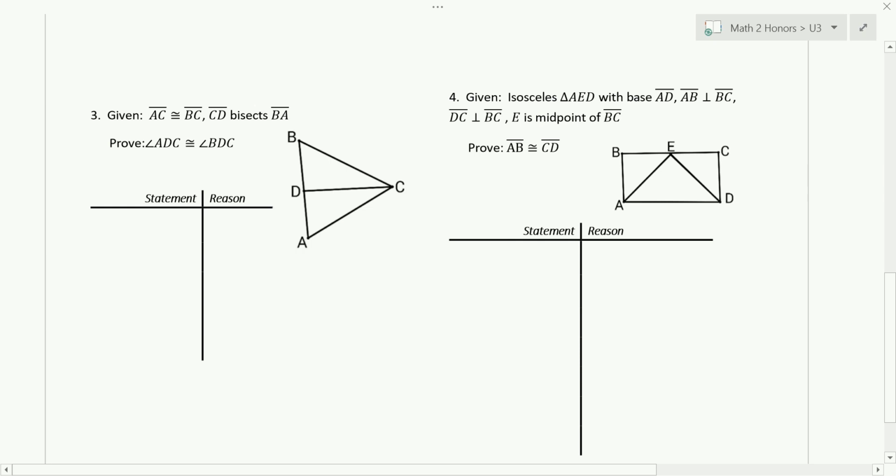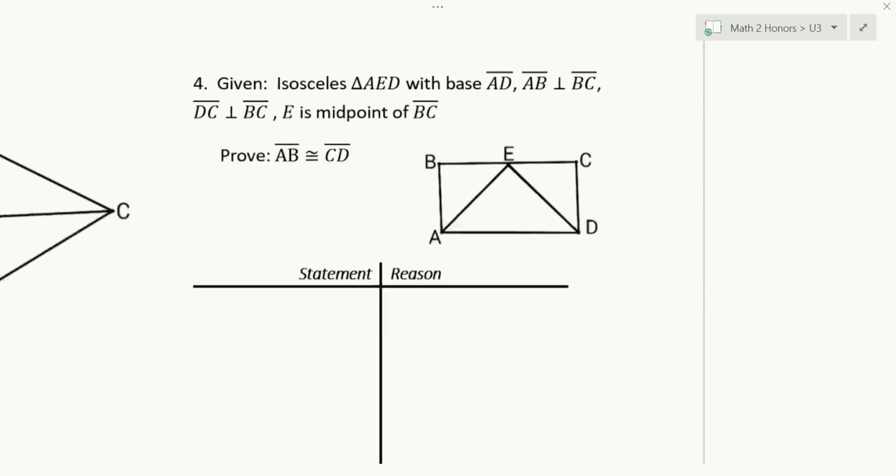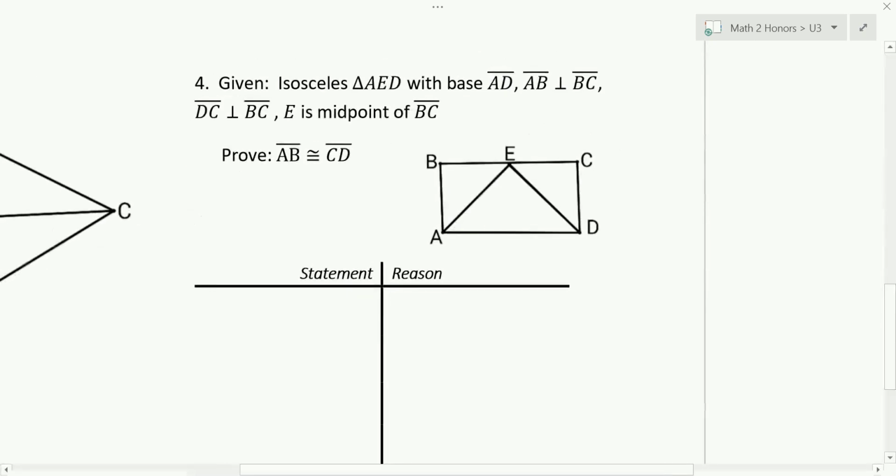Okay, so I gave you guys a little bit of thinking time, and I'm going to mark what's been given. AED is isosceles, and the definition of isosceles means something. Alex, what does that tell us? What's congruent to what in our diagram because it's isosceles?